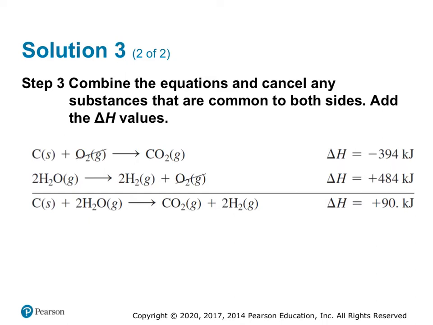Then I'm going to just add the two reactions together, canceling out things that appeared on both sides of the equation. So I'm canceling out the O2s because there's the same amount of O2 on both sides. Then I'm going to add my reactants together, then I'll add my products together. Then all I do is come down here and add the delta H's together. And that's it.